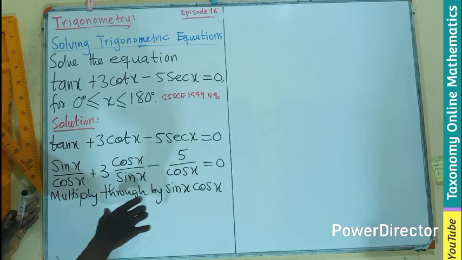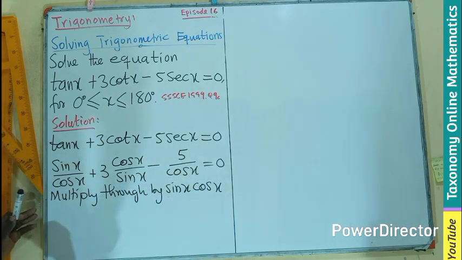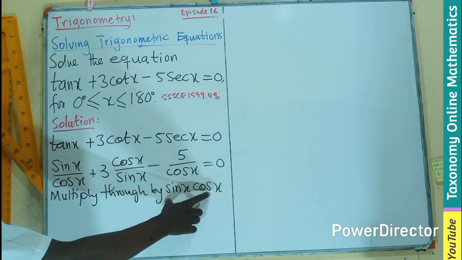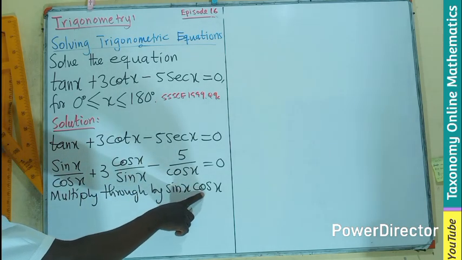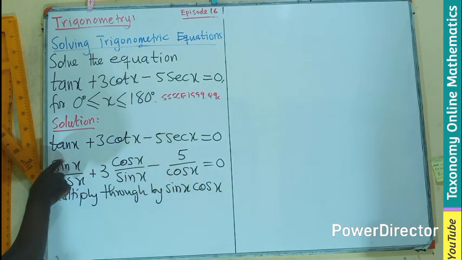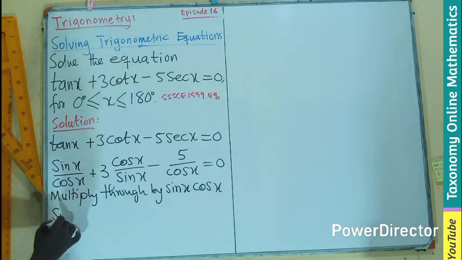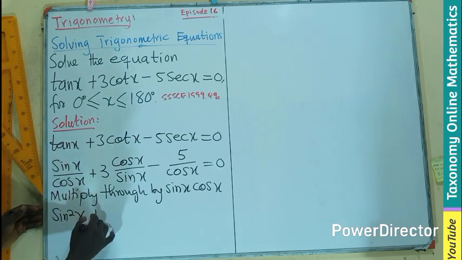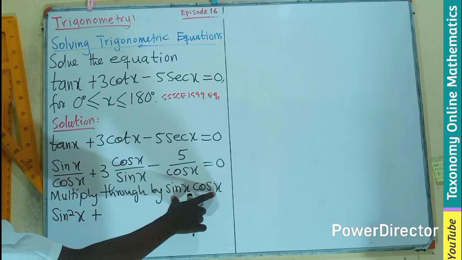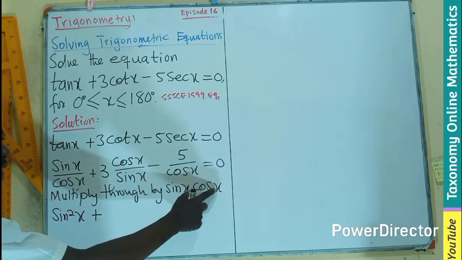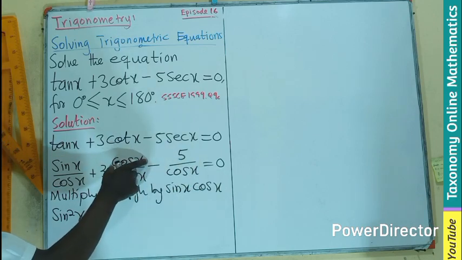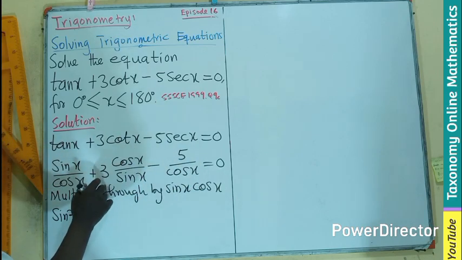Remember, you don't have enough space, so I'll be ignoring the multiplication process. But when this fraction is multiplied by this factor, the denominator, which is cos x, will cancel cos x. You'll be left with only sine x times sine x, that will give you sine square x. Then plus, if I multiply here by this, the sine will cancel the sine, leaving cos. So here also cos x times cos x will be cos square x, including the 3.